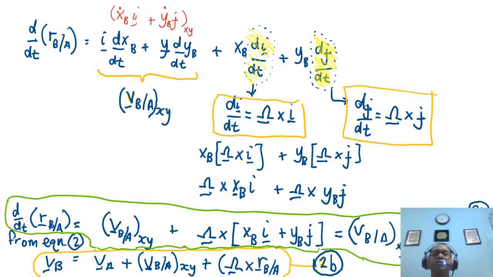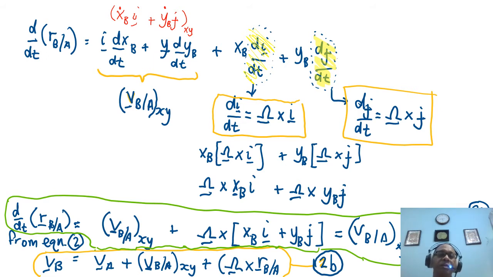To prove this, you have to read the textbook, because it would take more time to explain here. It's okay for you to accept for now that di over dt for a rotating unit vector is equivalent to the angular velocity omega cross the unit vector itself, and dj over dt equals omega cross j.